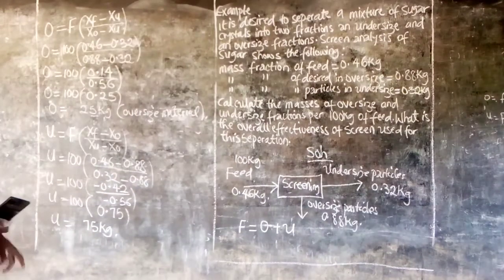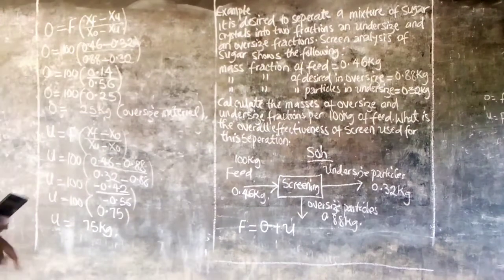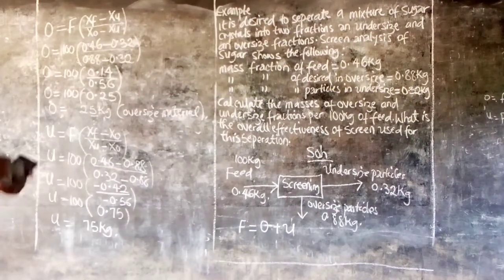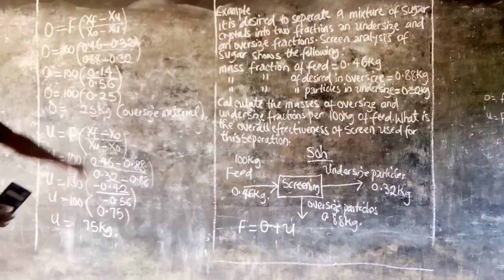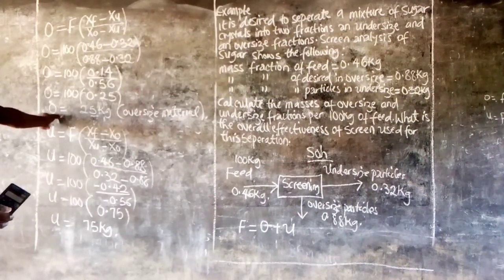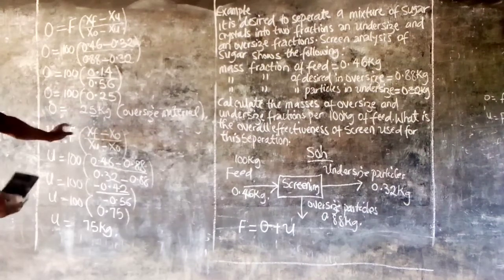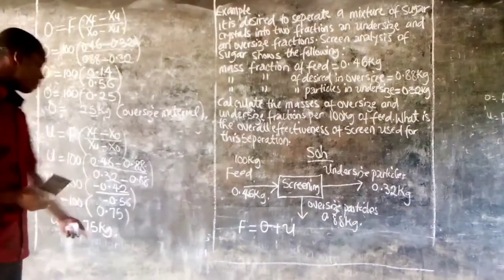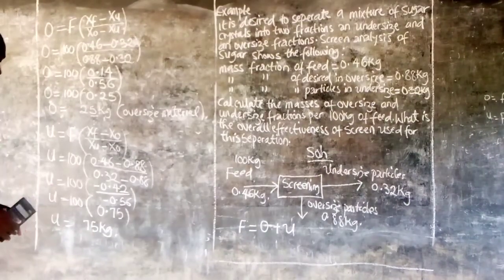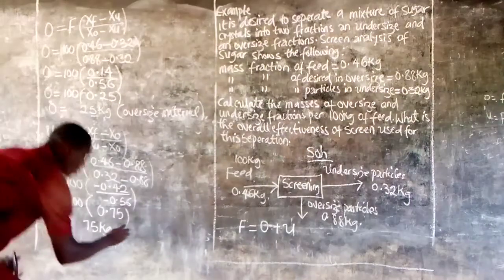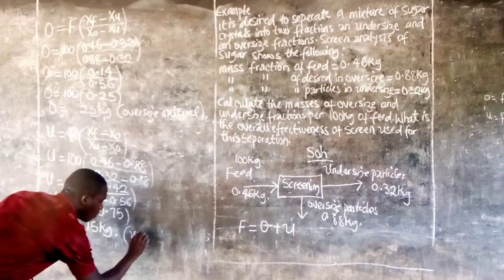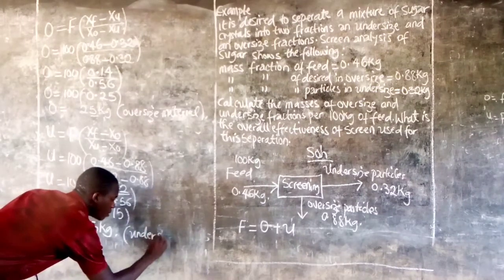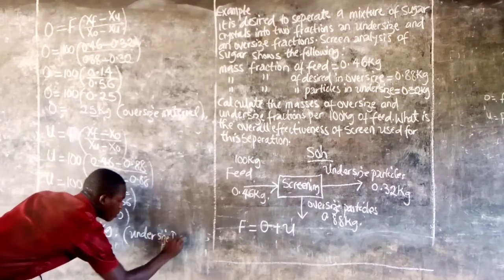So now we can confirm what we did here, that our undersized material from the mass balance equation, when we subtract 25, which is the amount of oversized material after screening, from the amount of the feed, we get 75, and also confirming it with this formula, we also had 75 kg. And so this is the mass of undersized particles.